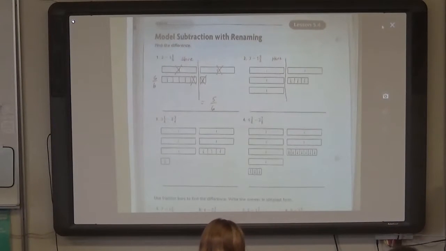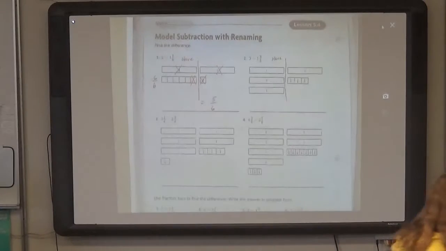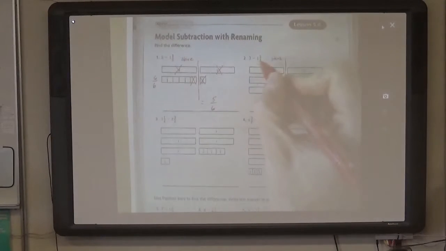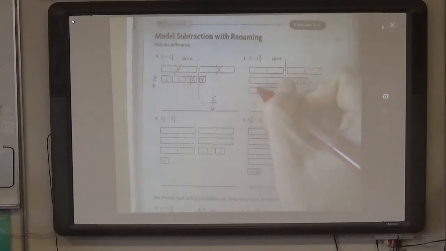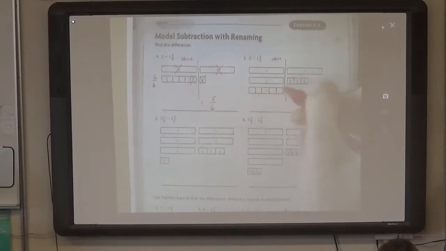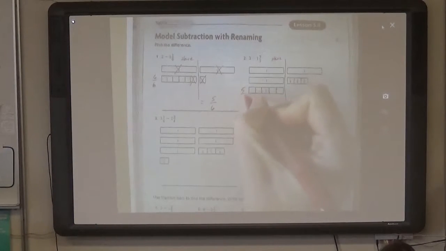Use the denominator to tell you. Well, the denominator is 5. So we should cut the whole up into fifths. You cut it up into fifths by drawing 4 lines. 1, 2, 3, 4.